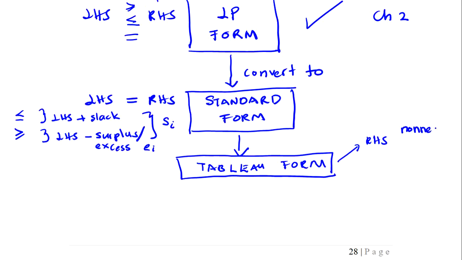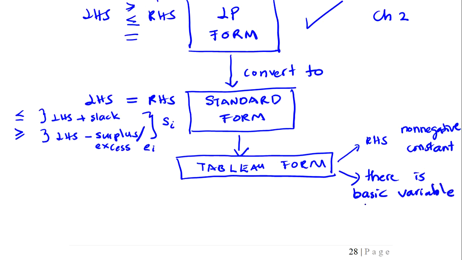And the second one is that there is a BV, or basic variable, for each constraint.